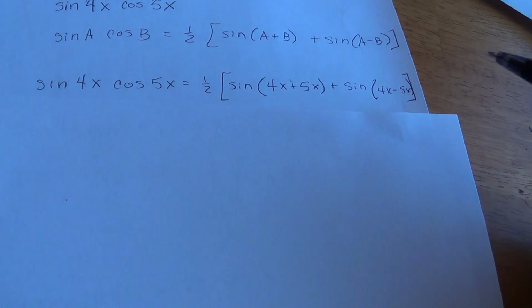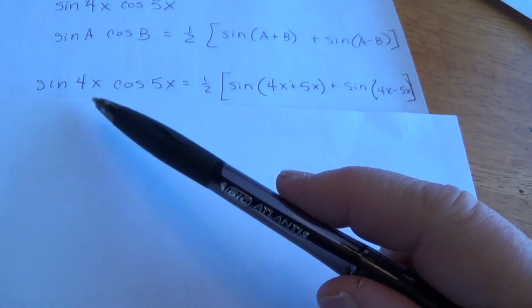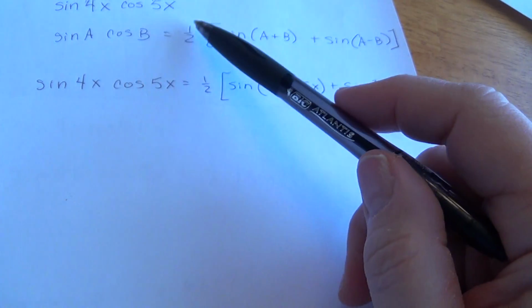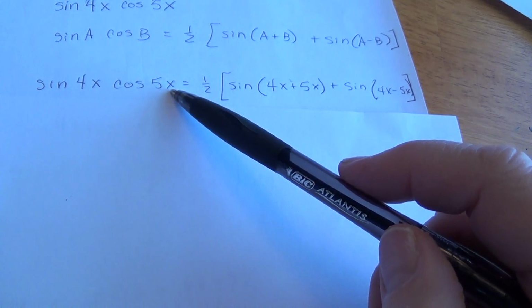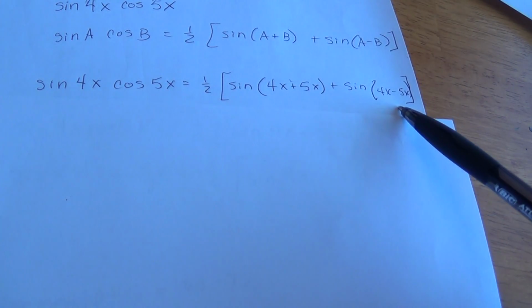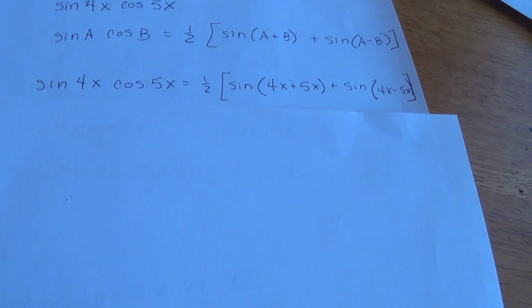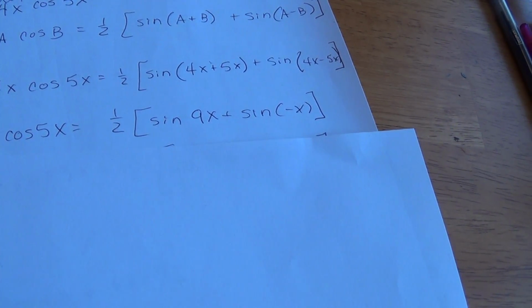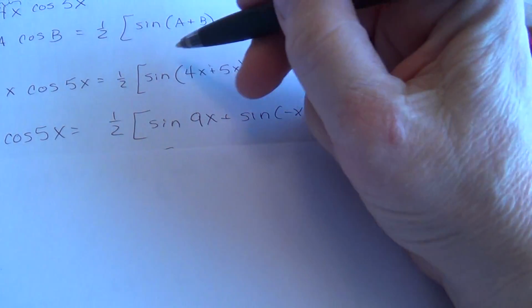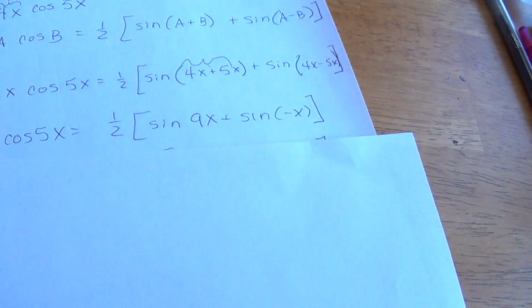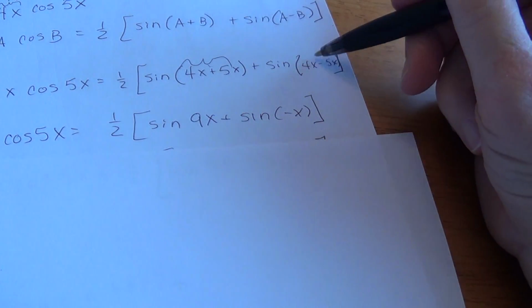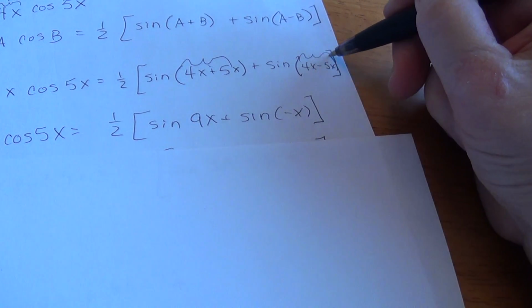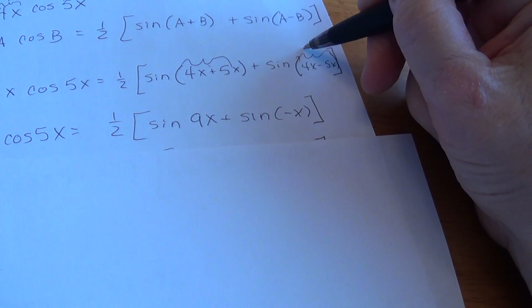Sorry. All right, so now putting in a 4x for A and a 5x for B all the way across the trig ID. Notice the 4x and the 5x add to 9x, and the 4x and the minus 5x add to a minus x.